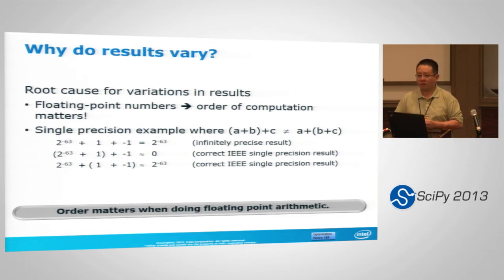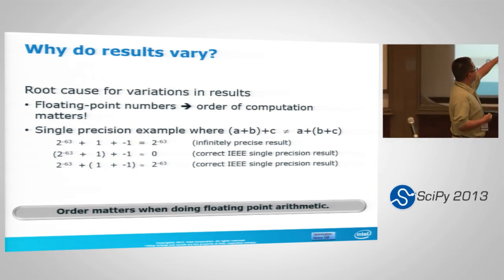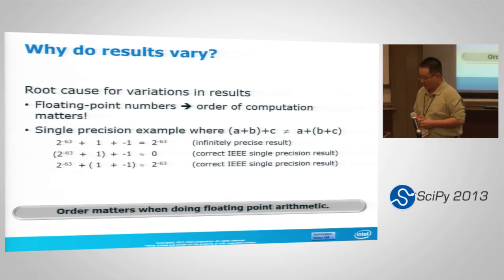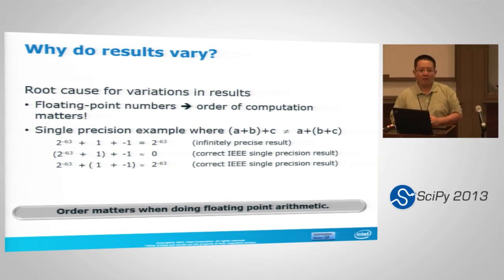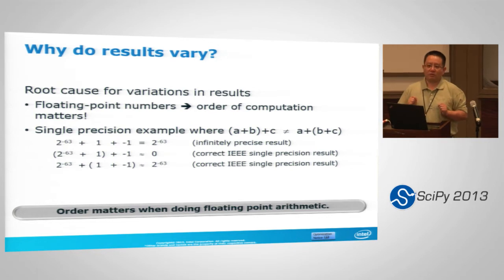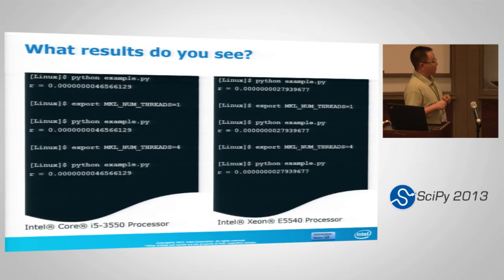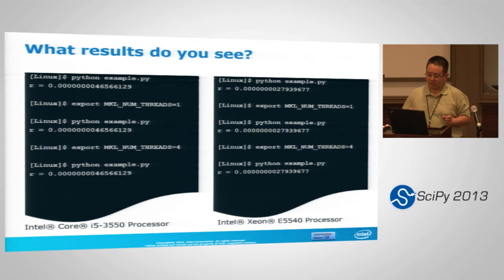Depending on how the computation is performed, we can get different answers, either 0 or 2 to the power of minus 63. Both are law-abiding. Both are correct according to the standard. So that is the root cause that explains why we saw different results on different machines, because on different processors, MKL may choose different orders of execution, right?